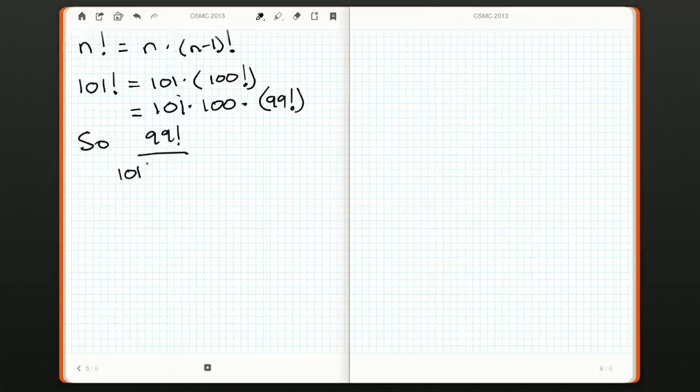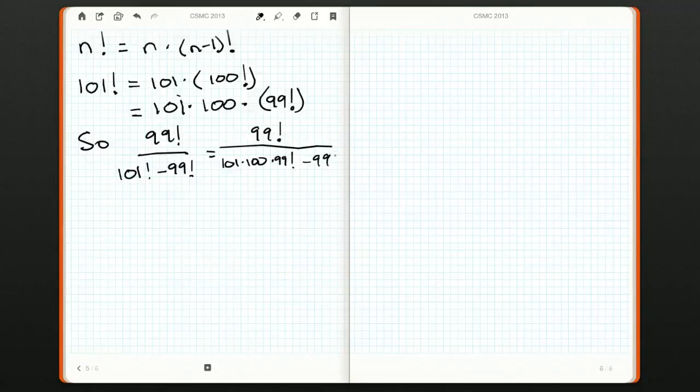So 99 factorial over 101 factorial minus 99 factorial is the same as 99 factorial over 101 times 100 times 99 factorial minus 99 factorial. On the bottom, we can take out a common factor of 99 factorial. We're left with 101 times 100 minus 1, and we still keep our 99 factorial on the top.